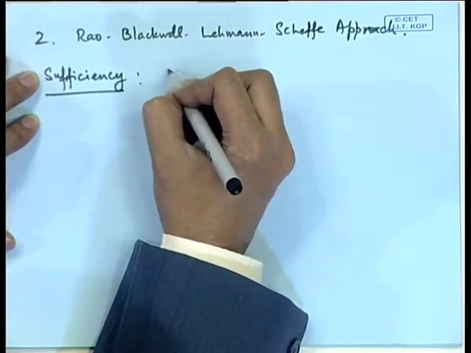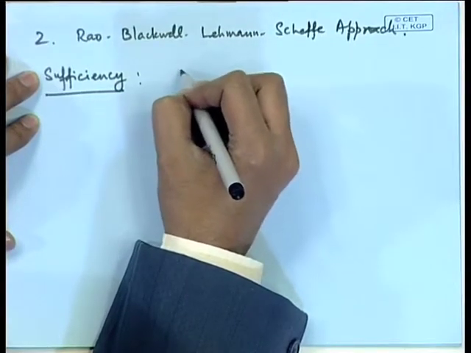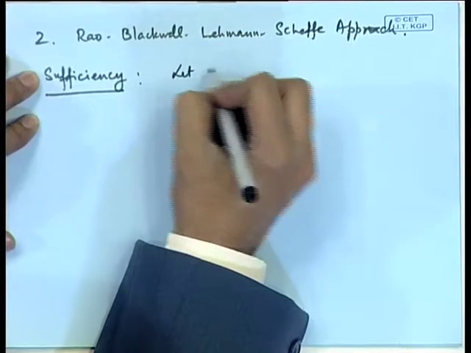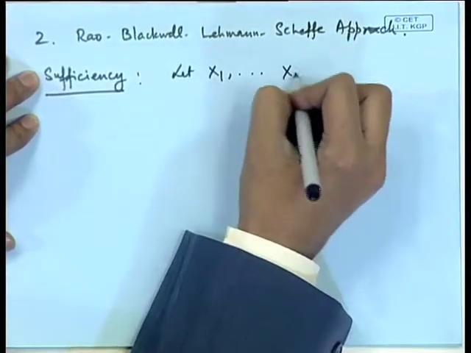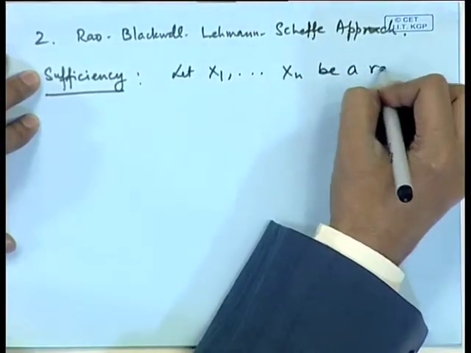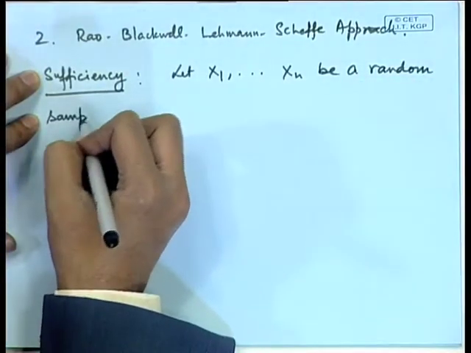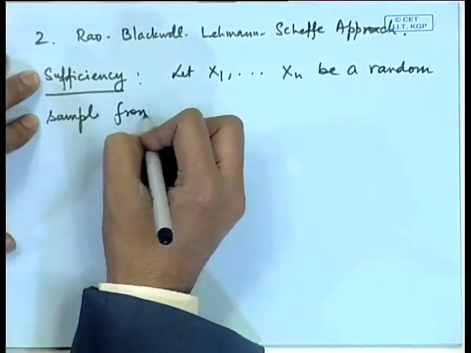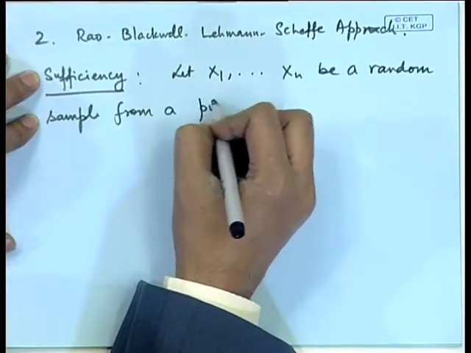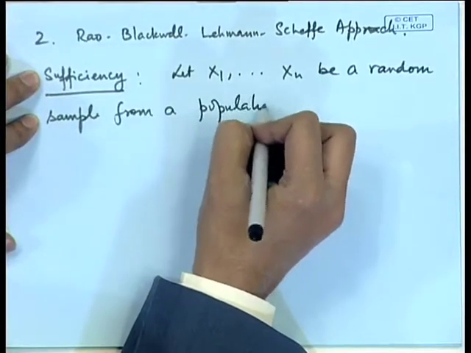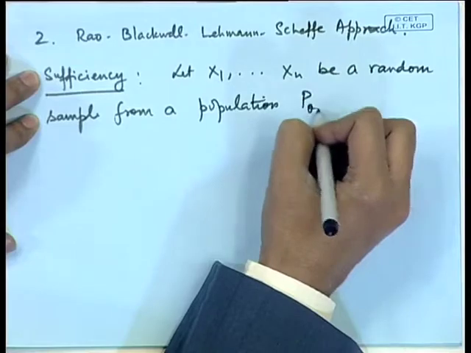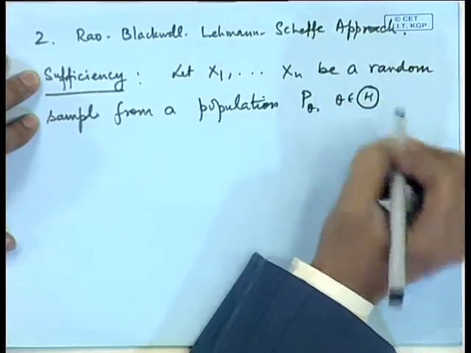So, we have the regular model that X1, X2, ..., Xn is a random sample from a population, say p_theta, theta belonging to Theta.